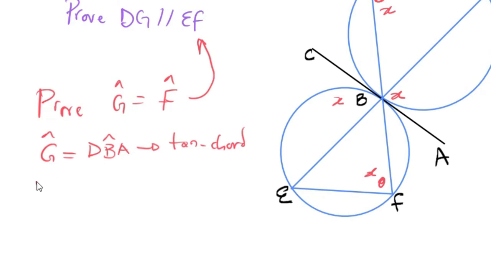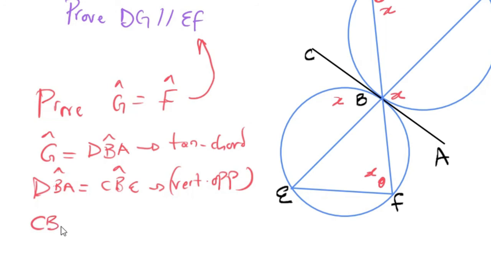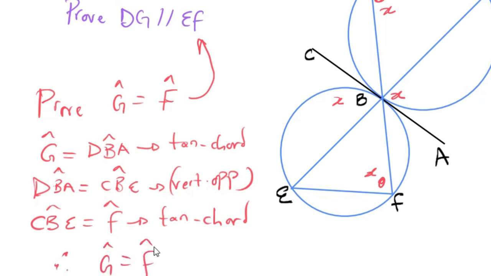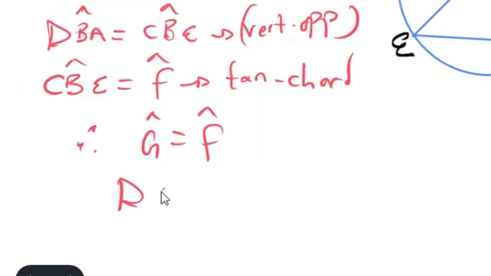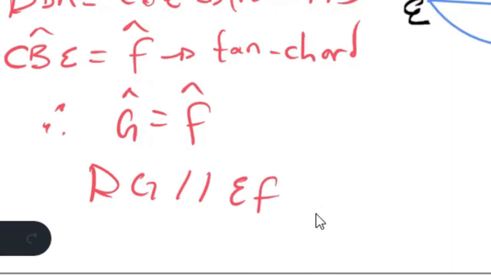Then the next statement I see is that DBA gives you CBE because that is vertically opposite. And the last statement is CBE is equal to angle F, which is another tan-chord. So therefore, we know that angle G will be equal to angle F. Now, because they are equal, we can now say that DG is parallel to EF. And the reason for this would be alternate angles.